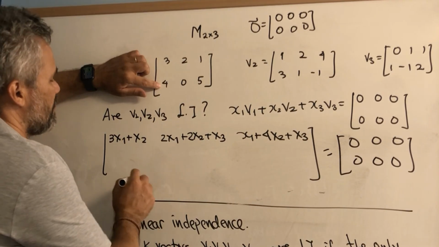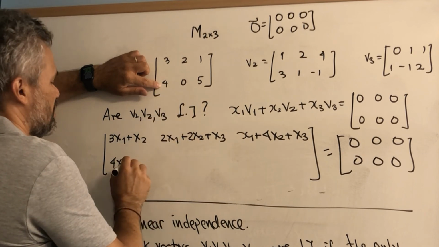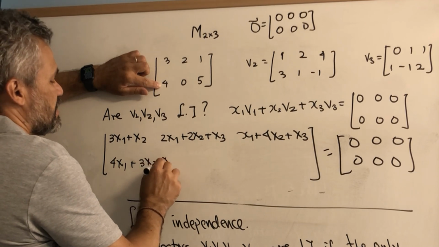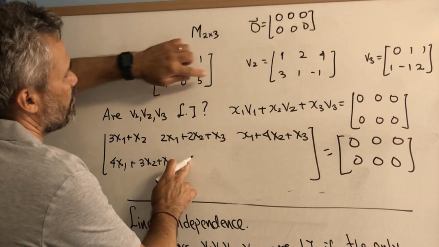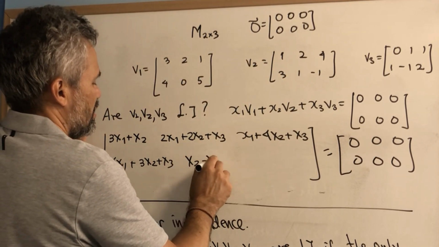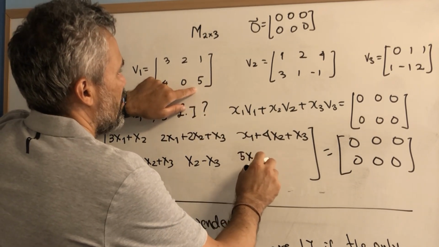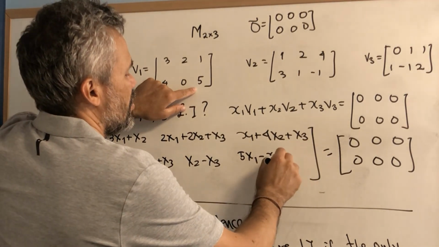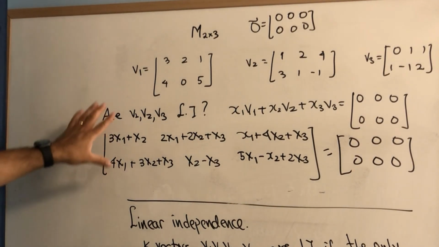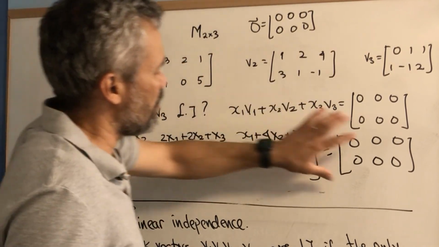The entry in row 2, column 1 would be 4x1 plus 3x2 plus x3. The next entry would be x2 minus x3. And the last entry would be 5x1 minus x2 plus 2x3. Then, in order to decide if these three vectors are linearly independent, we need to study this equation.